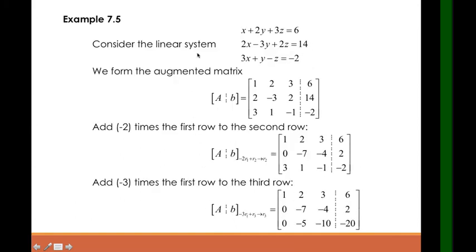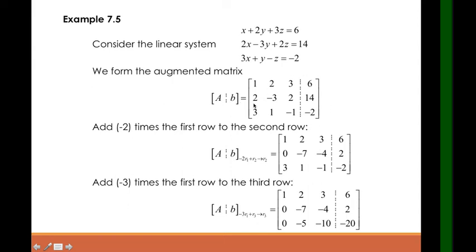So, consider the linear system here. x plus 2y plus 3z equals 6, 2x minus 3y plus 2z equals 14, 3x plus y minus z equals negative 2. To check your answer, you can use solving linear systems by elimination. Pwede nyo gawin yun para ma-solve yung value ng z, y, at saka x. But, syempre, in this portion, you need to do the echelon form. So, we have A augmented B, ito yan.